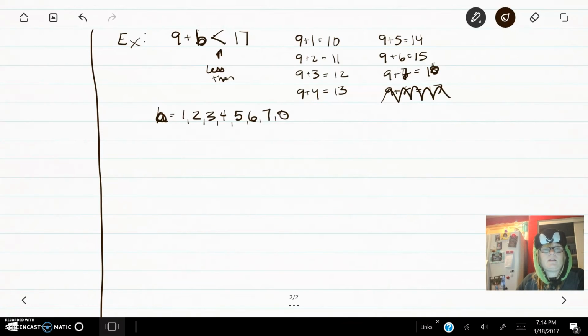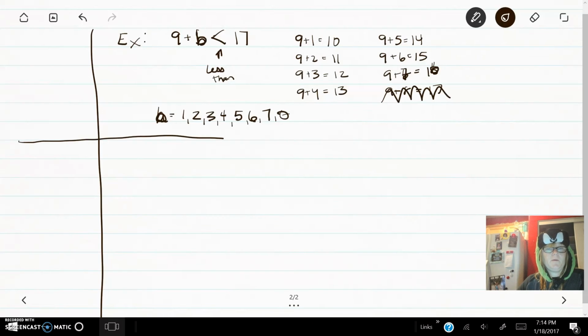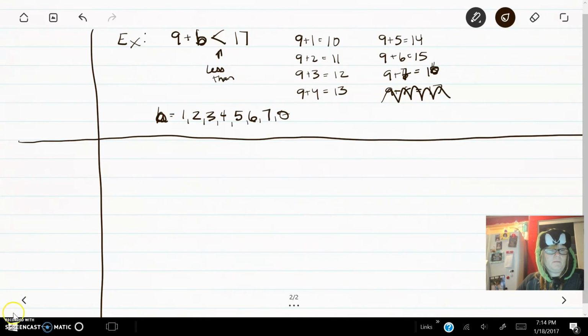All right, and in some cases, we need to solve for a variable. So let's look at solving for a variable.